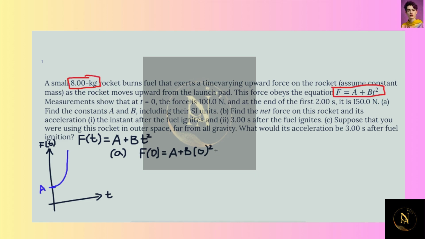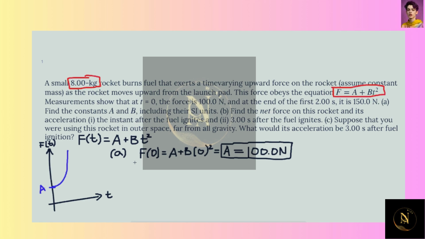We know that 0 squared is 0, and 0 multiplied by b makes that entire term equal to 0. So we are only left with a. But not only that, we are told that the value of this force is 100.0 newtons. So we can already put a box around that because we successfully solved for that first constant a.